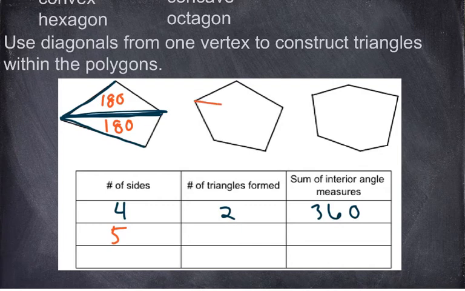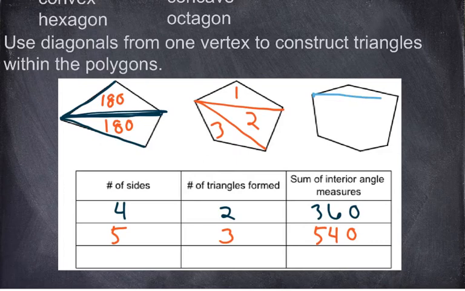But if I were to connect, I can actually use 2 segments going on the inside to create, in this case, 3 triangles. Now again, if they're each 180, I have 1, 2, 3 triangles. So if I multiply that by 180, I get 540.